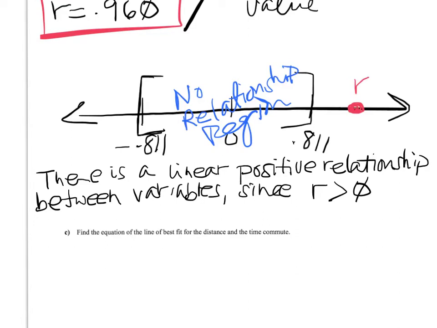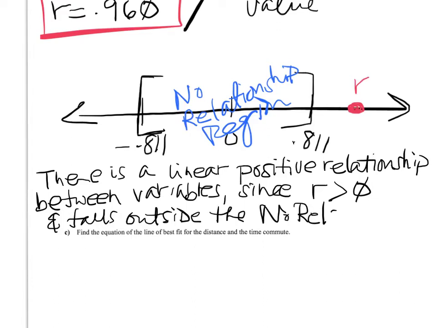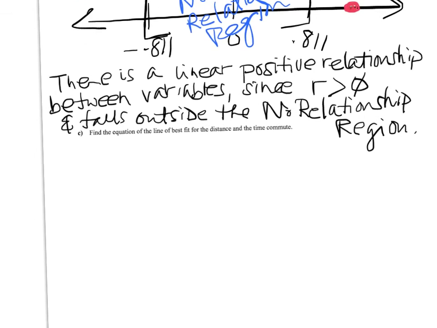Remember, that's the same thing as saying greater than 0, and falls outside the no relationship region. Okay, so that's our explanation of R and what it's telling us.